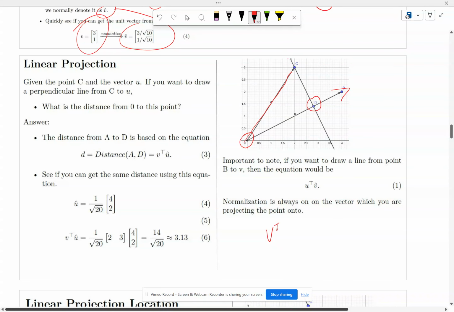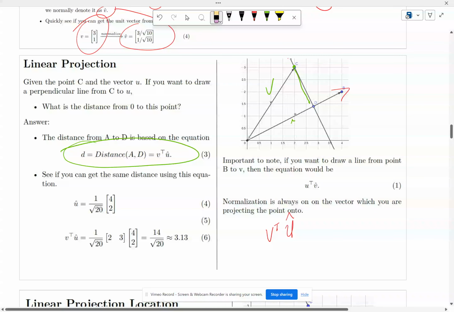So this is vector v right here, times the vector u normalized. Okay, so this distance, which is d, from here to here, d is equal to v times u hat. What that means is if you are drawing a line from here to here, first thing you do is you take u and normalize it.